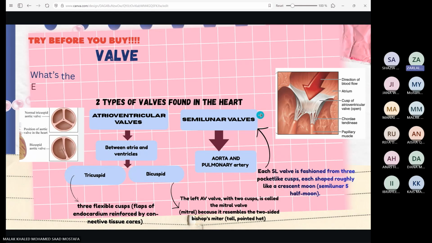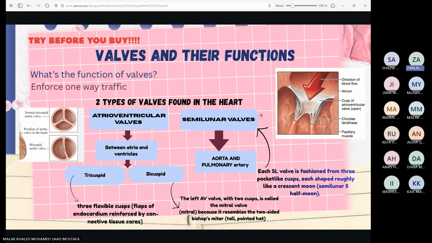Okay, now I have a little mnemonic. I don't know if it's going to be useful, but it says try before you buy. We start from the right side: try, so tricuspid, before you buy, so bicuspid is on the left. Before that, what is the function of the valves? They prevent backflow of blood.